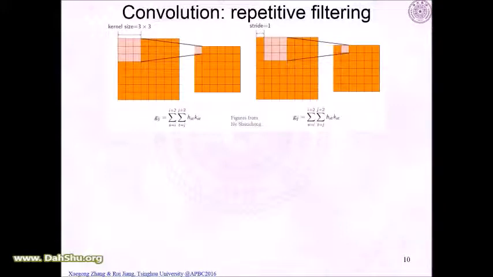Suppose H is the pixel value, and K is the weight, or vice versa. We get the weighted sum, which is the convolution result, and then we move this filter by 1 pixel, or 2 or multiple pixels, and we get another output. So by scanning the filter across this image, we get an output.